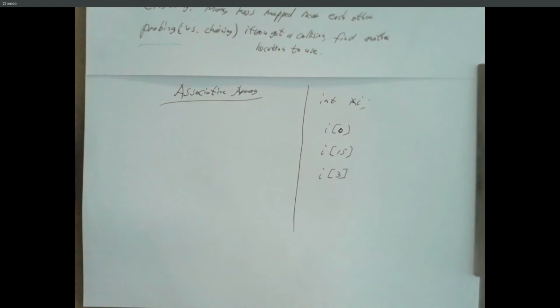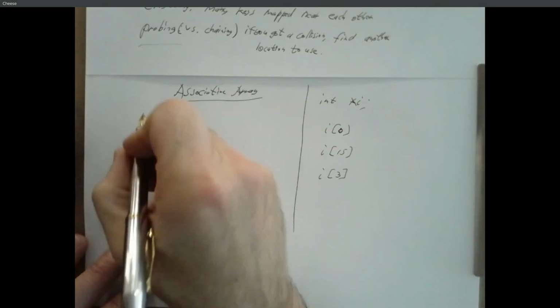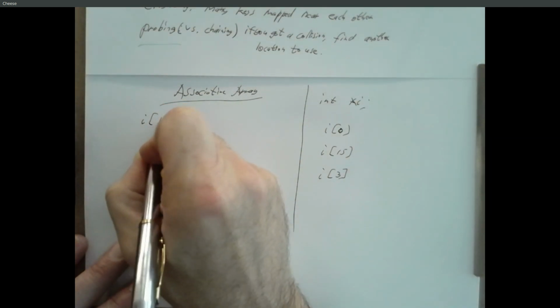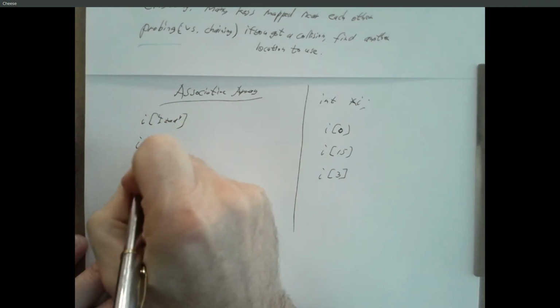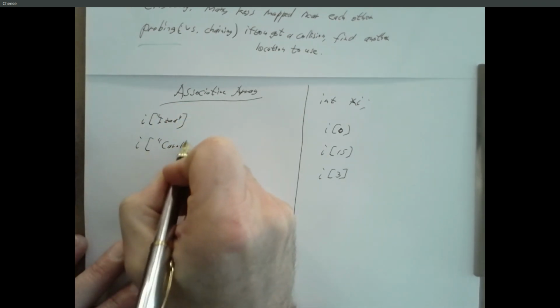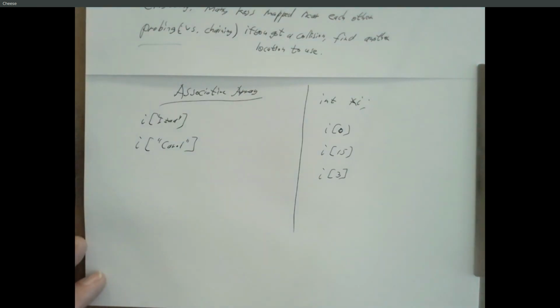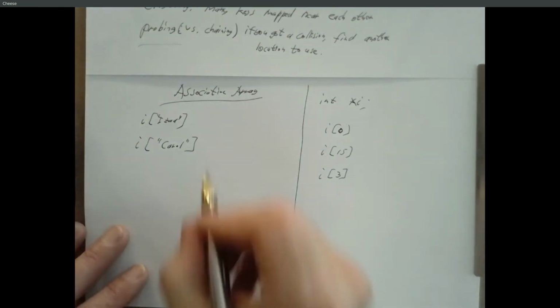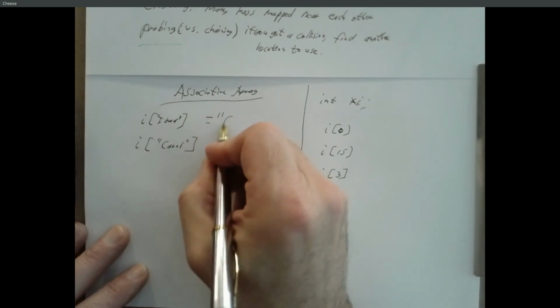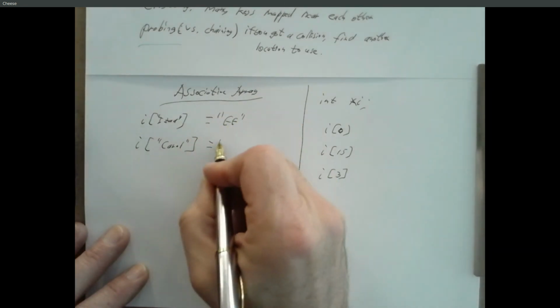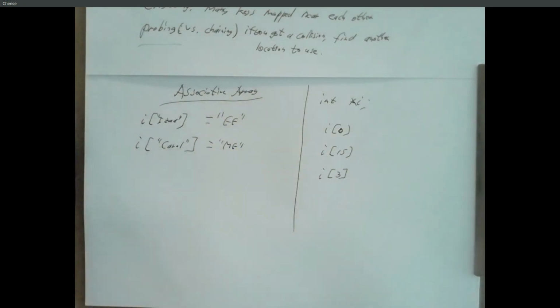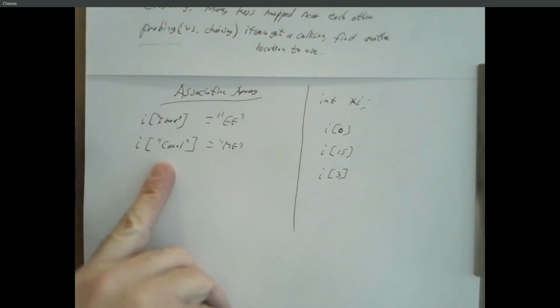With an associative array, I can say something like I bracket Izad, or I bracket Carol. And it's like I have a piece of information stored in each of these entries in this weird looking array that I can index with names.